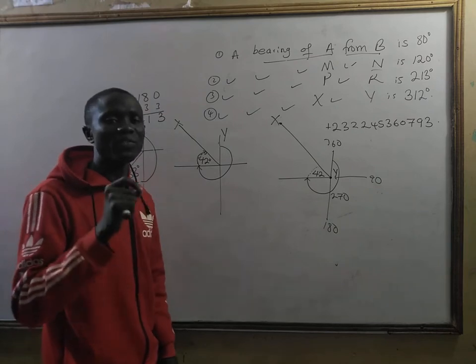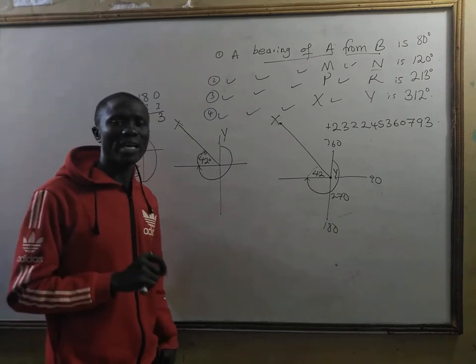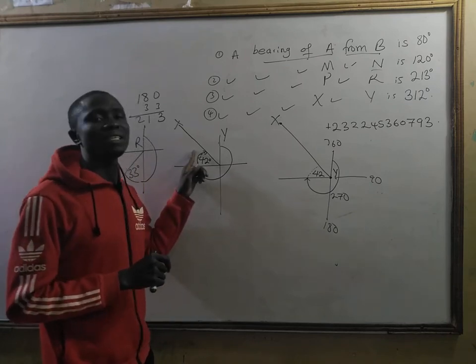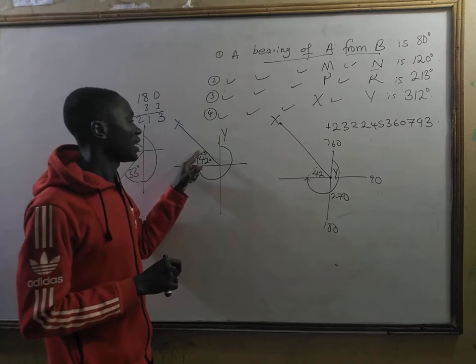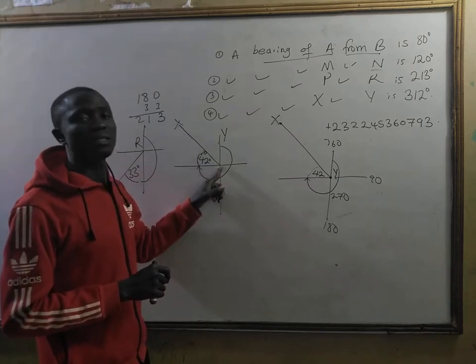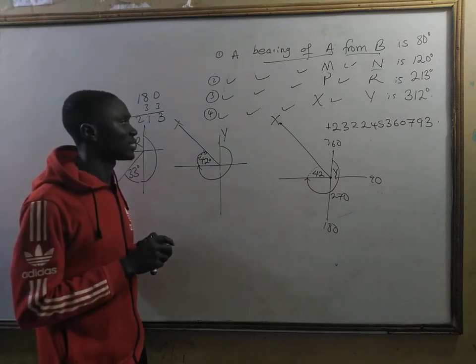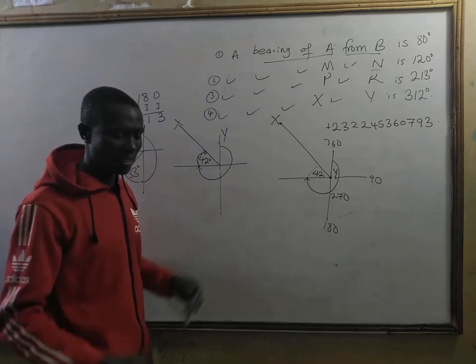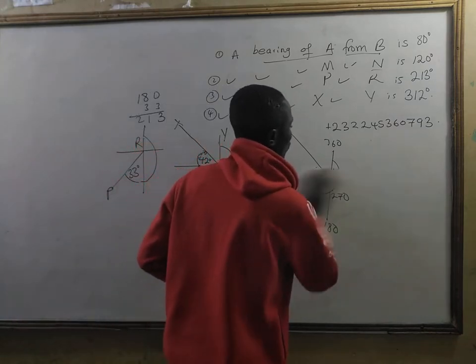We measure the 3-figure bearing from the geographic north in the clockwise direction to the line that we are talking about. That's the terminal line, or the line joining the point and where we are coming from. That is very simple as that. Wow. Now let's look at these tricks before we go.